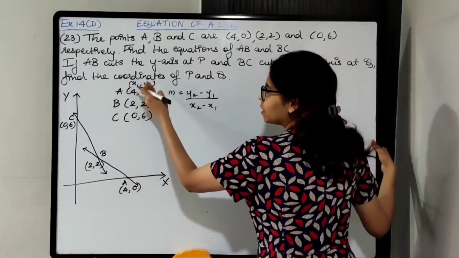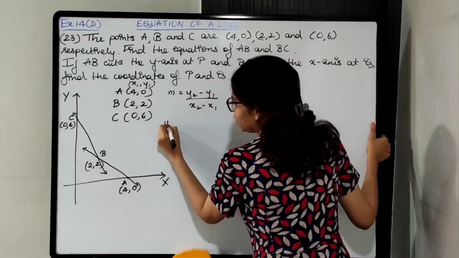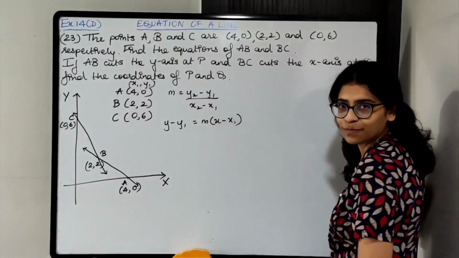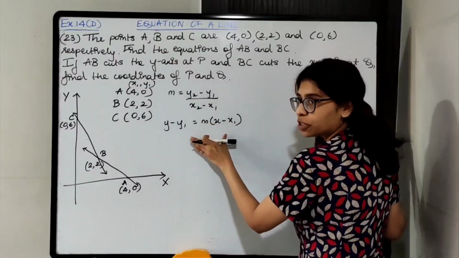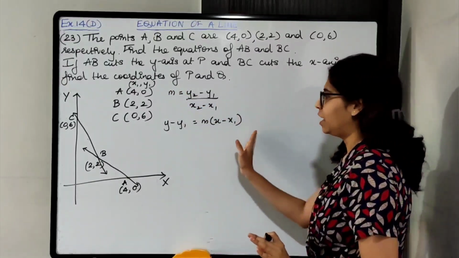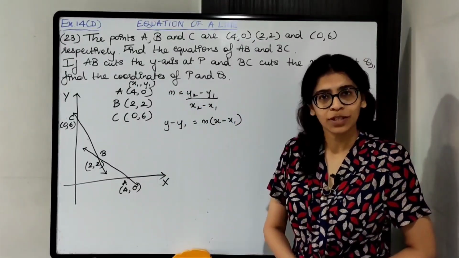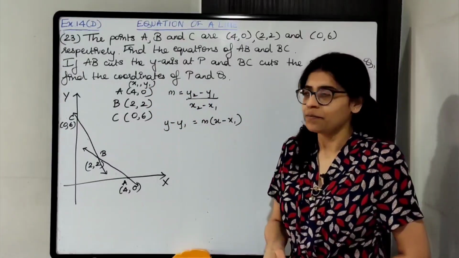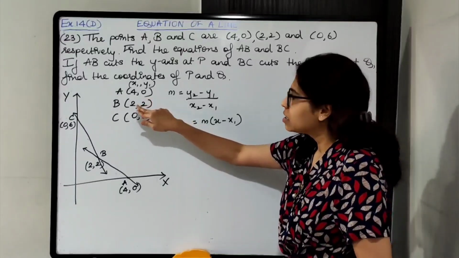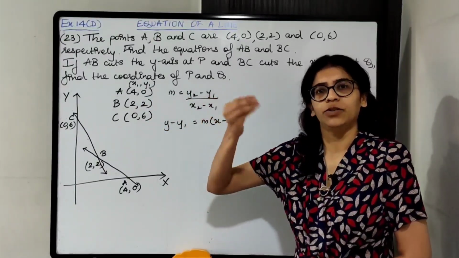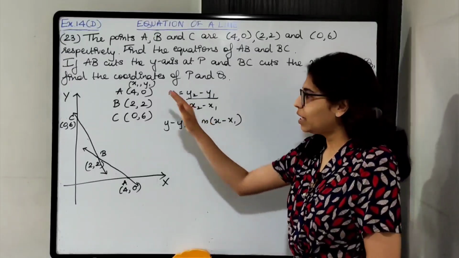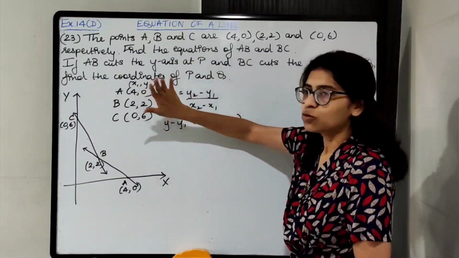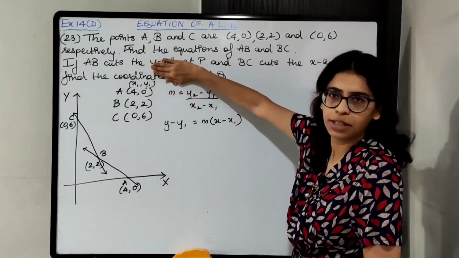So you know x1, y1, you know m. You can easily use the formula and find the equation. Put the values of x1, y1 and m, and you will get the equation on solving further. Okay, so we will get the equation of AB. Same way we will find the equation of BC. Find the slope of BC. Consider any one point as x1, y1 and find the equation. So we will get the equations of AB and BC. We'll come to this part later. First let's solve these two, and then we'll come to the remaining part of the question.